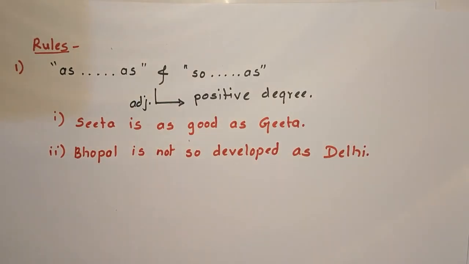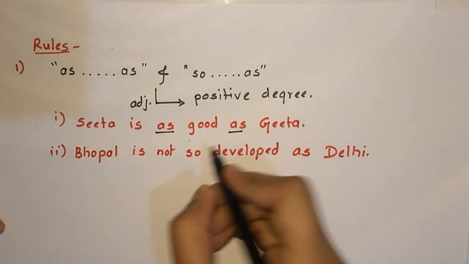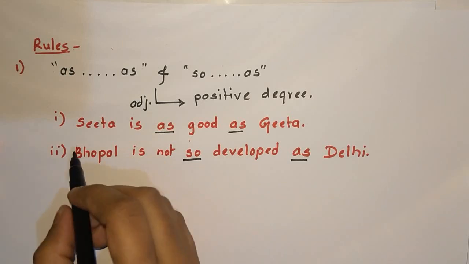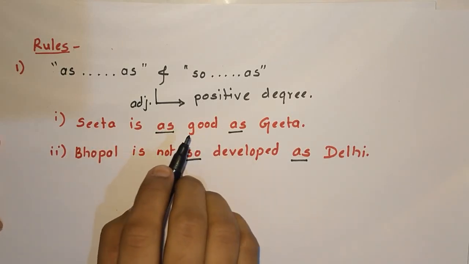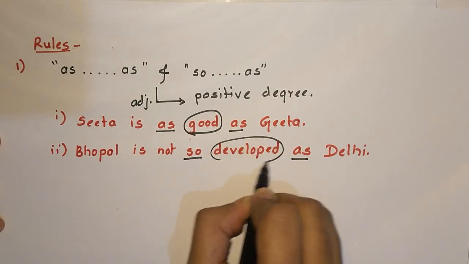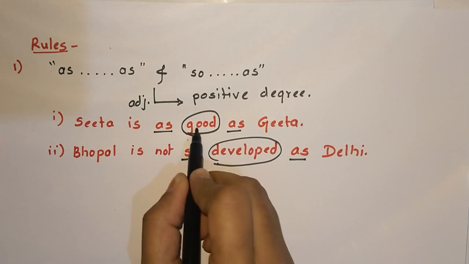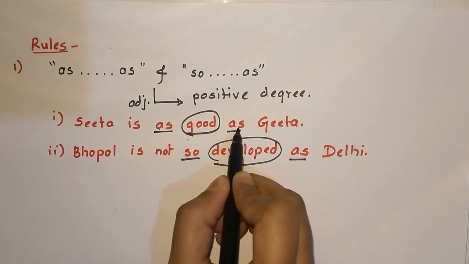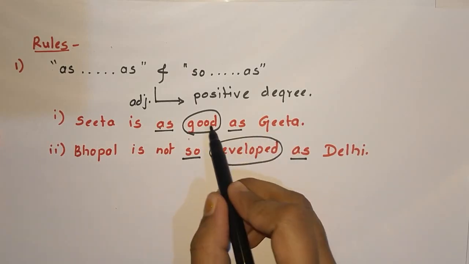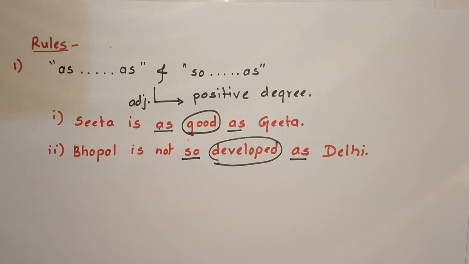See, sentences like as and so as. If an adjective is to be used between, here the adjective is good and here the adjective is developed. So here we are using the adjectives in between as and so as, and hence we used the positive degrees of them.